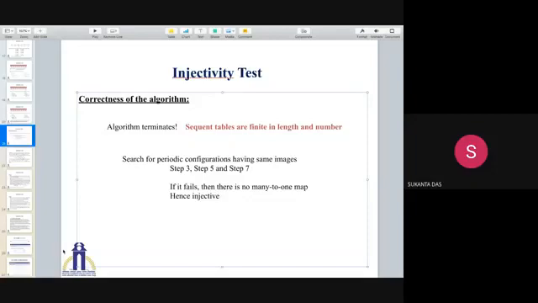You can do it in polynomial time, and your size of input is always fixed. Actually, it doesn't depend on lattice size. So the algorithm is efficient, and it can efficiently test injectivity.